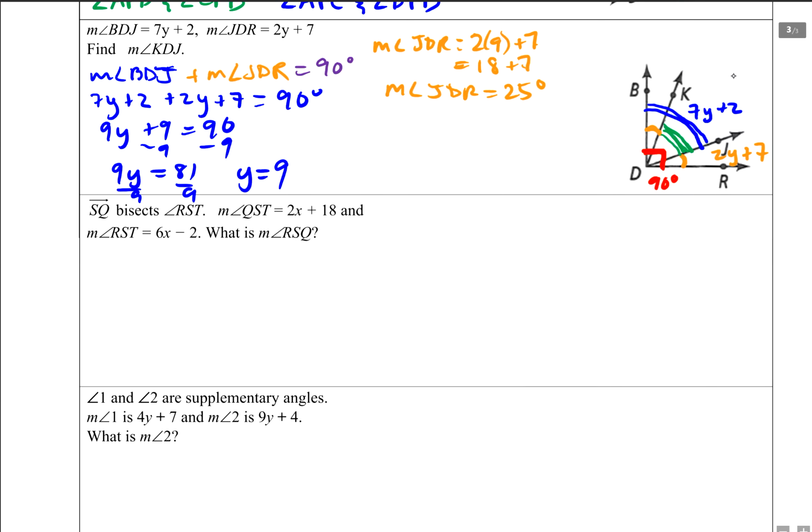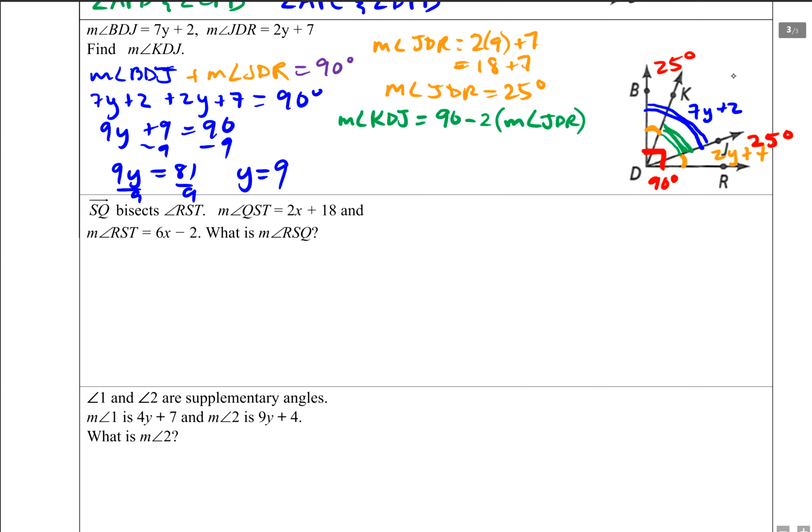So what I'm going to do is label this 25 degrees, and that lets me label this 25 degrees as well, because those 2 angles are marked congruent. And then I am going to say that the measure of angle KDJ, which is what we're supposed to find, equals 90 minus 2 times the measure of angle JDR.